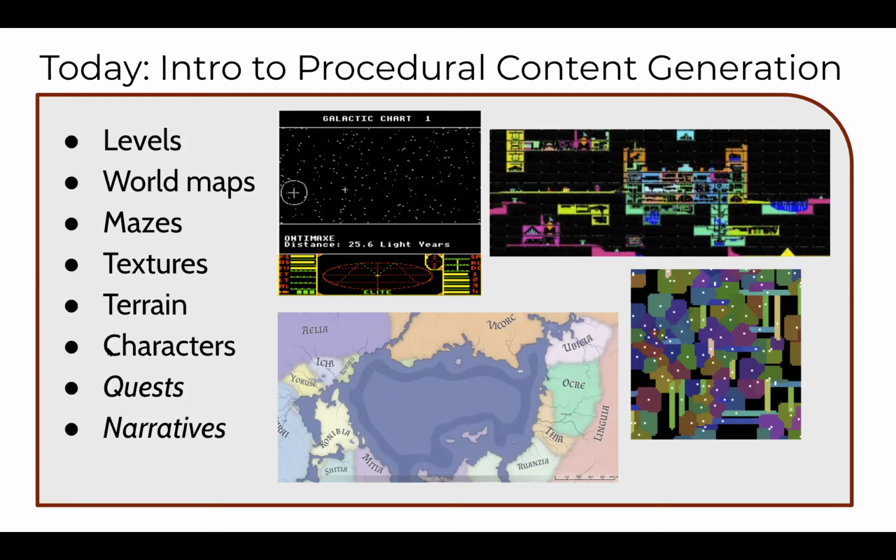And maybe if you have some AI characters wandering around this world, maybe some aspects of those are procedurally generated. You also hear people talk about procedural generation of quests and narratives, and some of my own research focuses on those things. I would consider it procedural generation, but maybe not with the content word included, right?